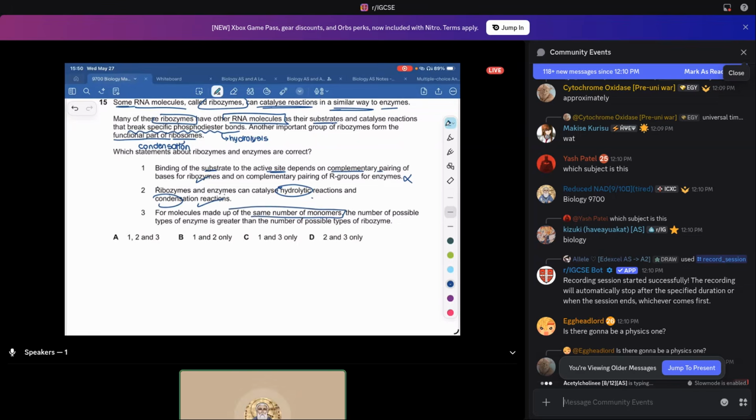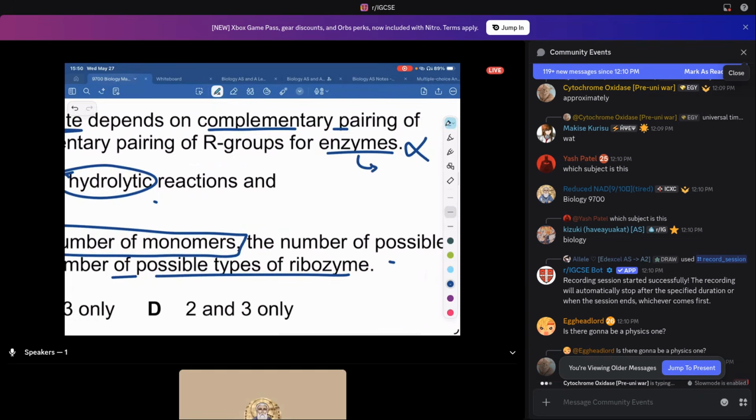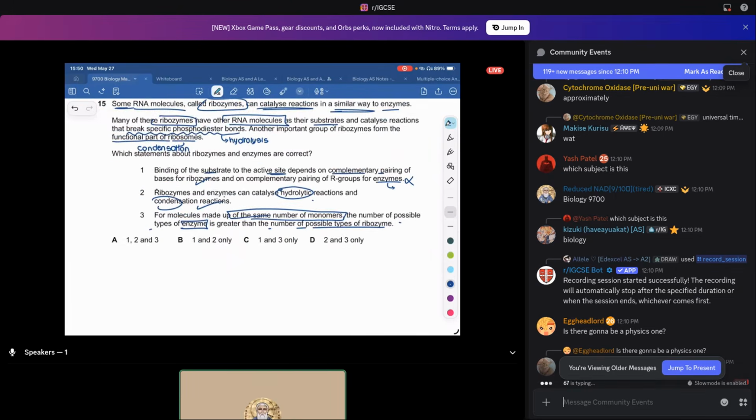For molecules made up of the same number of monomers, the number of possible types of enzyme is greater than the number of possible types of ribozyme. Because there is no statement that specifies that the enzymes in question are proteases. There are no R groups in anything other than amino acid residues of proteins or amino acids.